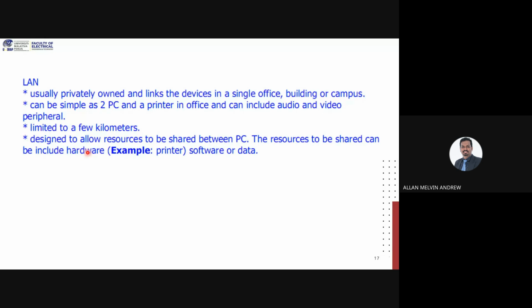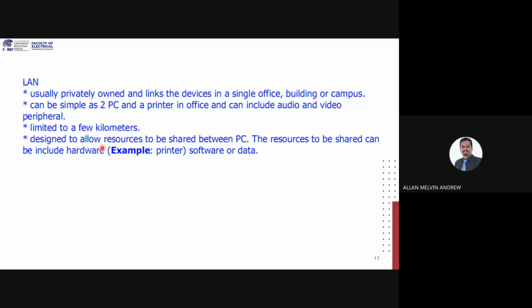Okay, designed to allow resources to be shared between PCs. The resources that can be shared include hardware, for example a printer, software or data. So we can have all this.